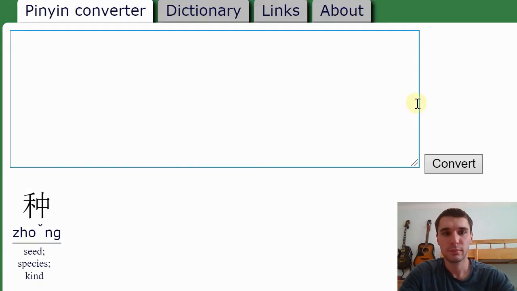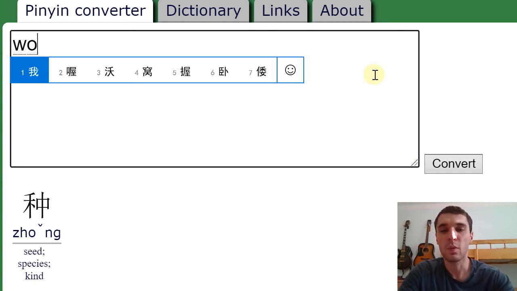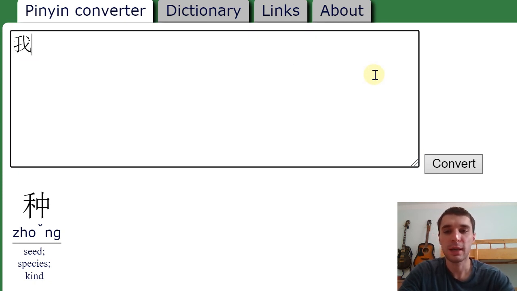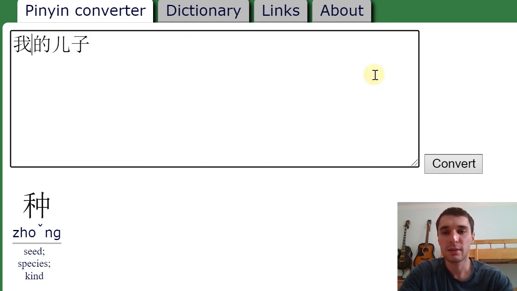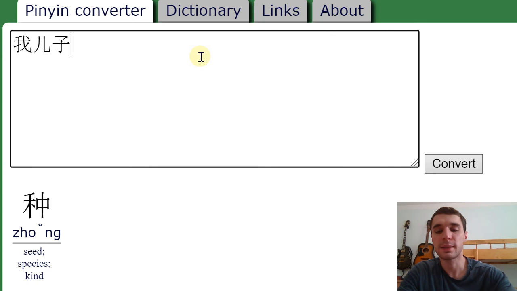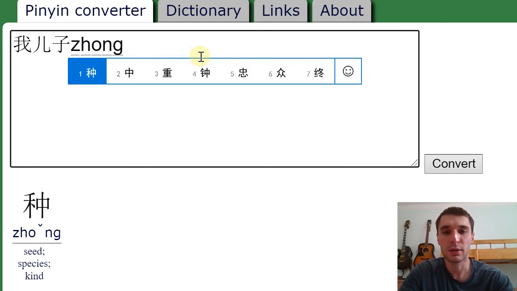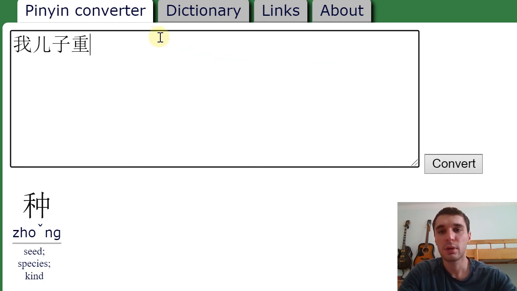Okay, guys, now how to say that my son is heavy. Again, 我 means I, right? My, 我的 儿子 son. Son is a family member, so we don't need to write 的 here. We can just say 我儿子. How to say heavy? 重. I showed you before. 重. 我儿子重.